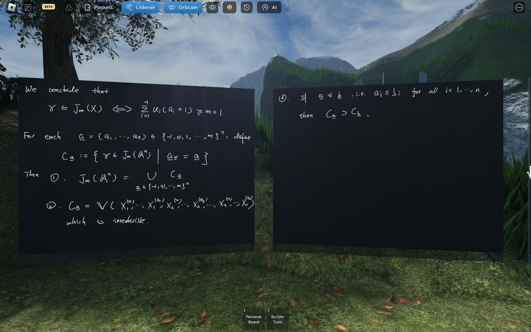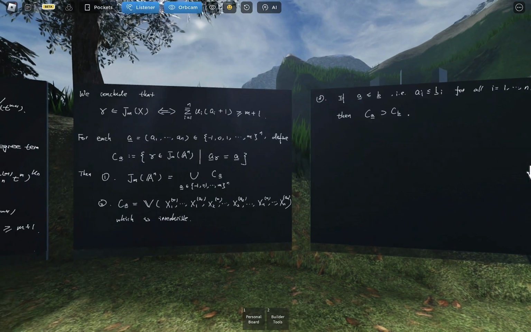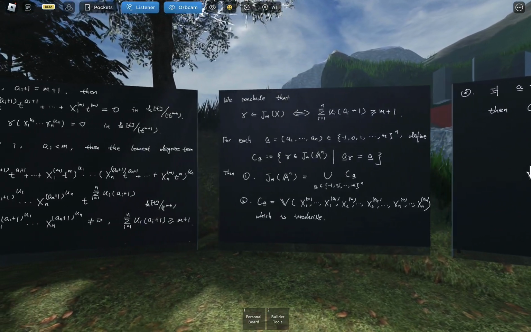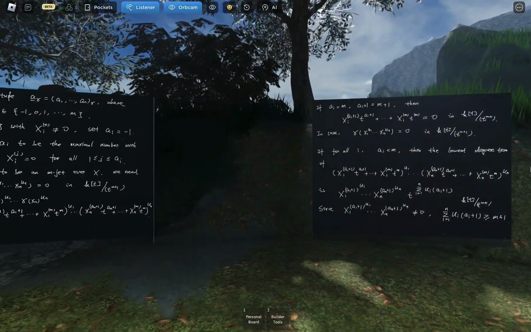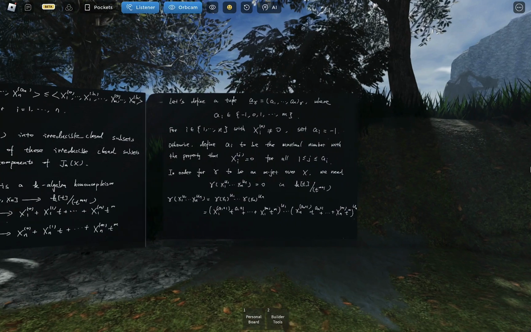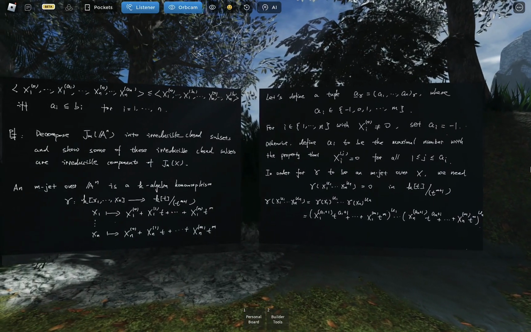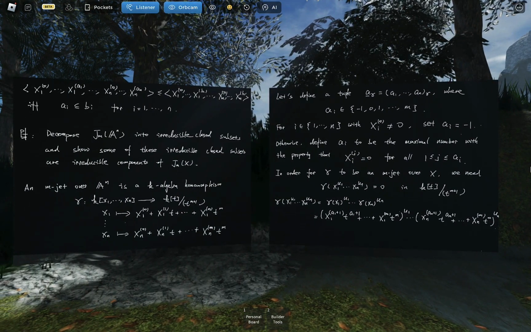Silly question. In your notation there, where you say for C_A, gamma is in the jet scheme, what is A sub gamma? Let's get back to here. Here we start with an m-jet over the affine space.